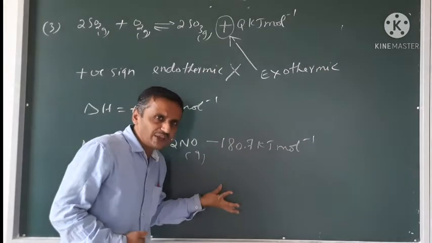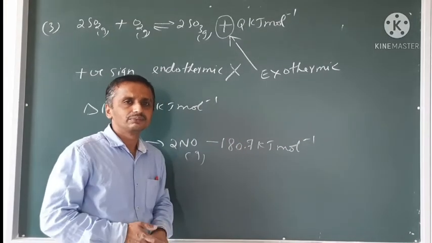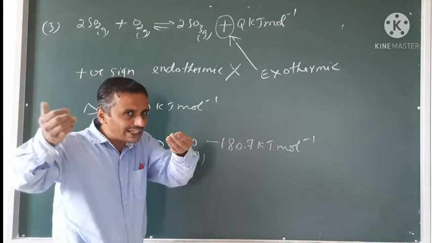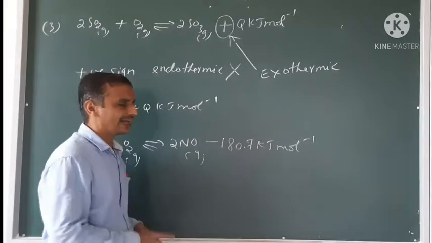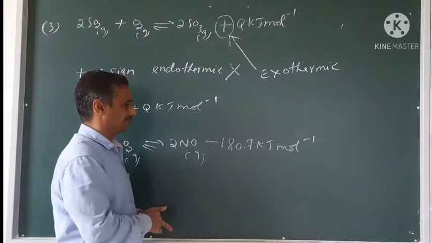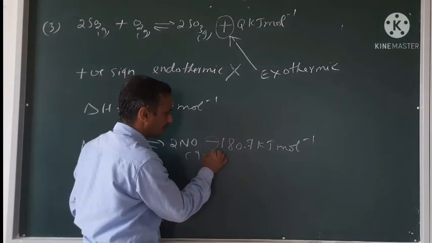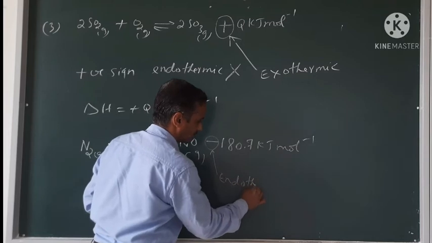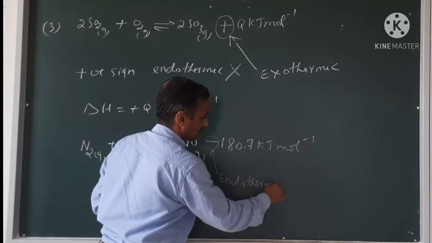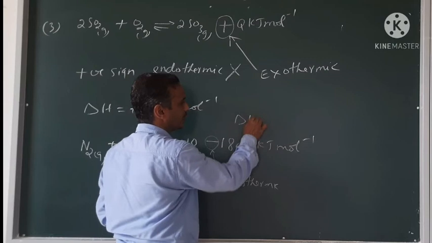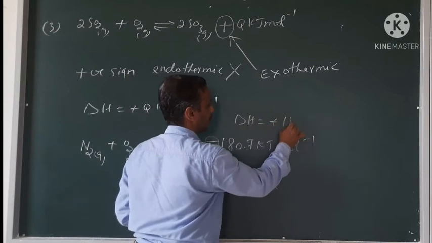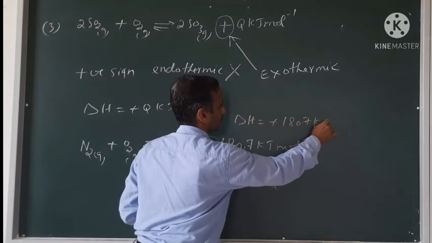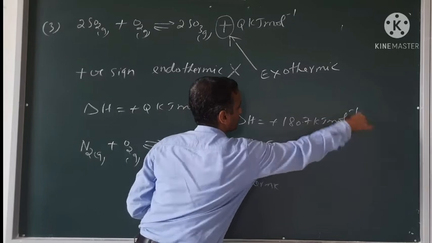As this much of enthalpy is lesser, they absorb that energy from the surroundings, and absorption is endothermic only. So along the reaction, if the minus is there, it is an endothermic reaction only. Whereas delta H, if written, should be the positive 180.7 there. Then it is an endothermic reaction.